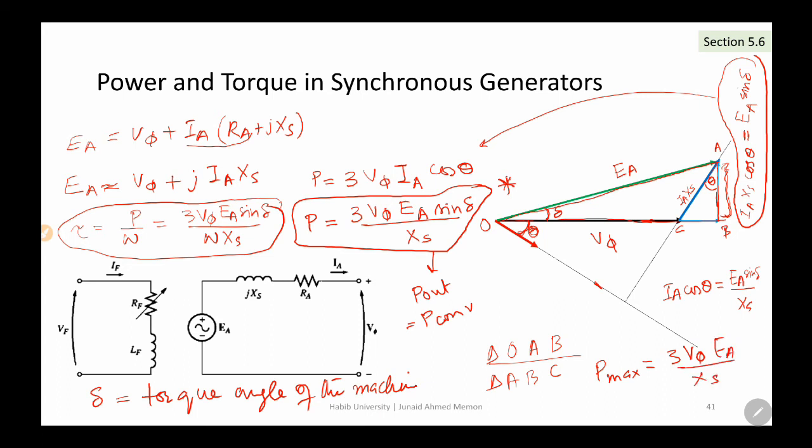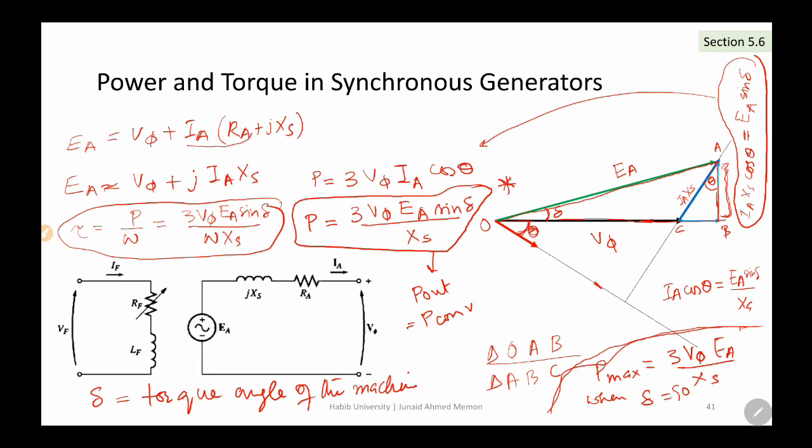This is when sigma is equal to 90 degrees, and that is called the static stability limit of the machine. So you cannot have more power than this expression. Usually in practical generators, at full load the machine operates at torque angles of around 20 degrees.